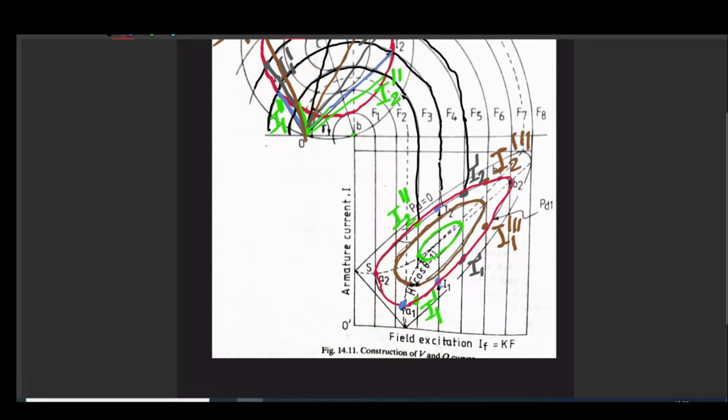Now obviously, a few things we must not forget, that is related to our stability limit.